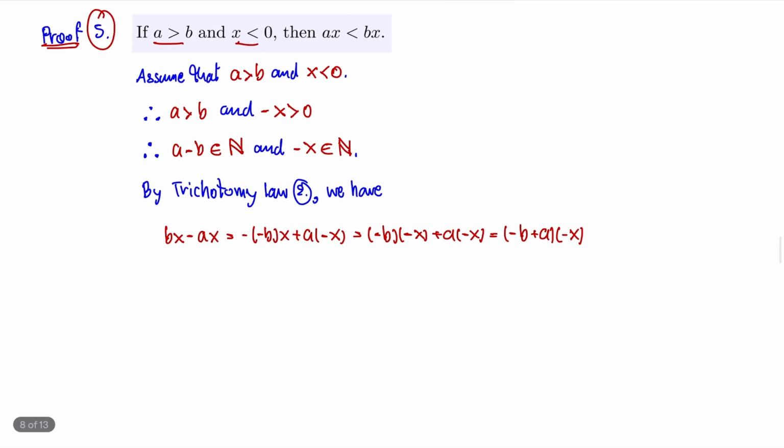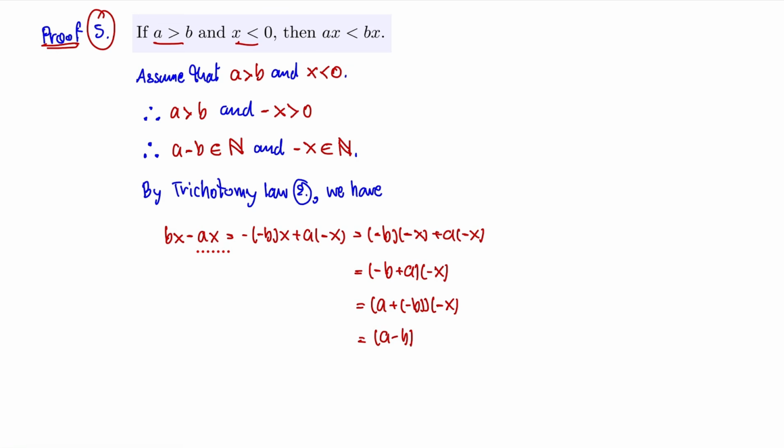Okay, then what do we have next? We have a plus minus b times minus x. And then a plus minus b becomes a minus b times minus x. As you can see, a minus b is in the set of natural numbers. Minus x is in the set of natural numbers.